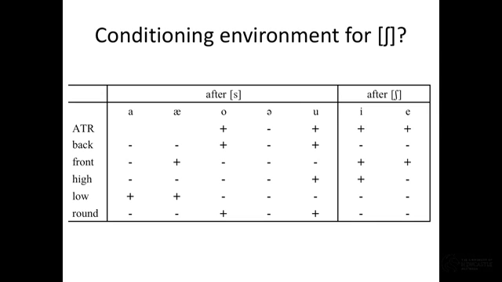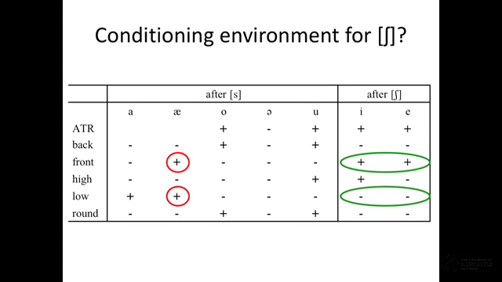We don't get that, but we can see that e and e are both plus front, and almost all the other vowels after s are minus front. The exception is a, which is also plus front, but a is plus low, and both e and e are minus low. So indicating both of those features as the conditioning environment for when sh occurs will enable us to write a rule that accounts for all the data.